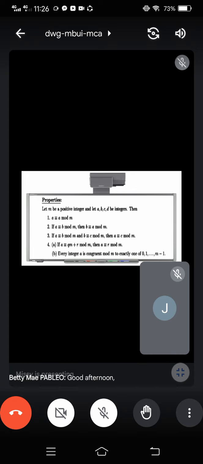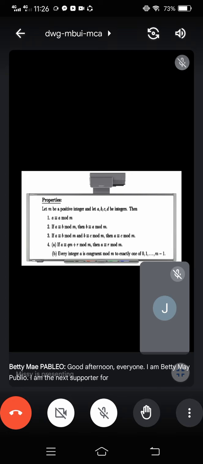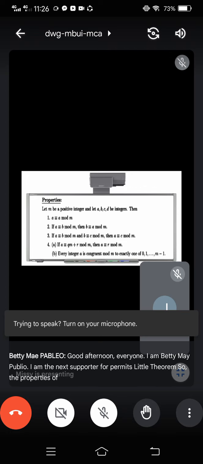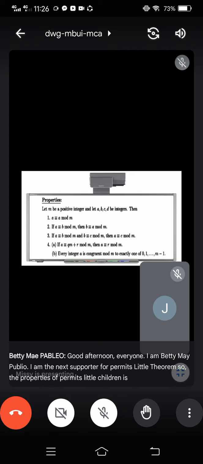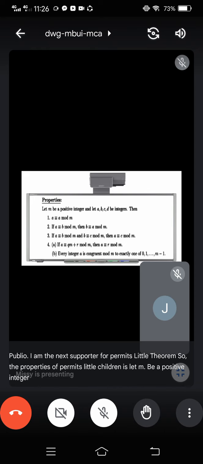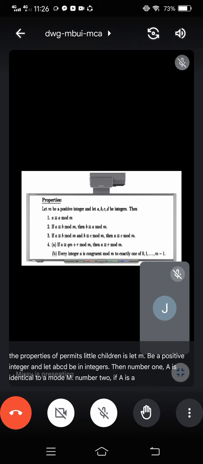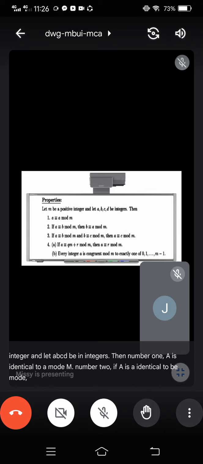Good afternoon, everyone. I am Betty May Pableo. I am the next reporter for Fermat's Little Theorem. The properties are: let m be a positive integer and let a, b, c, d be integers. Number 1, a is congruent to a mod m. Number 2, if a is congruent to b mod m, then b is congruent to a mod m.